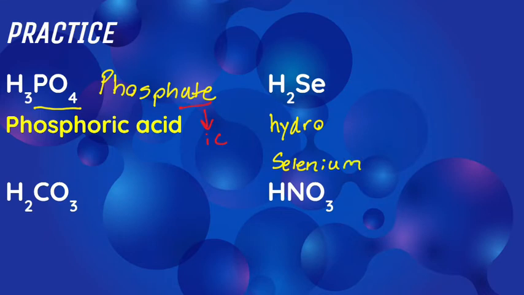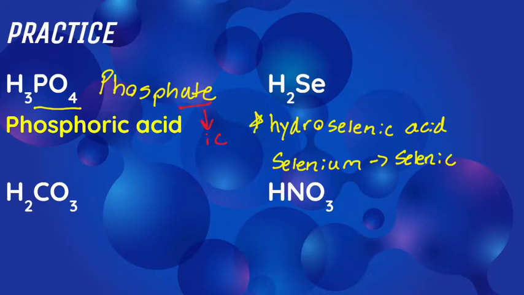And we're going to change that last little bit to IC. So what we're going to change this to is going to be selenic. So it'll be hydroselenic. And then we're going to add the word acid. And so this right here is going to be our name for our H2Se, hydroselenic acid.